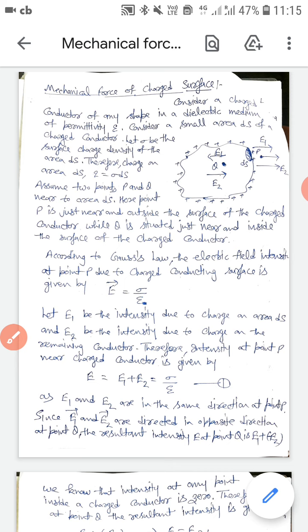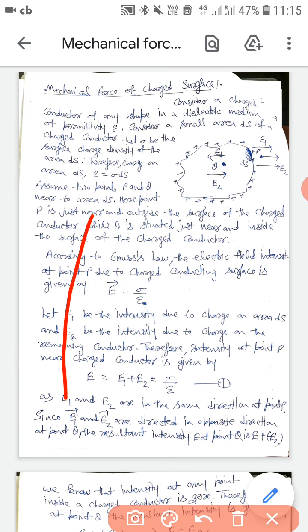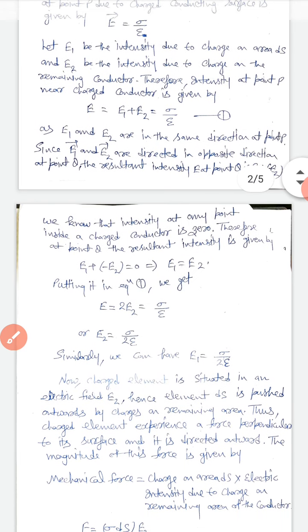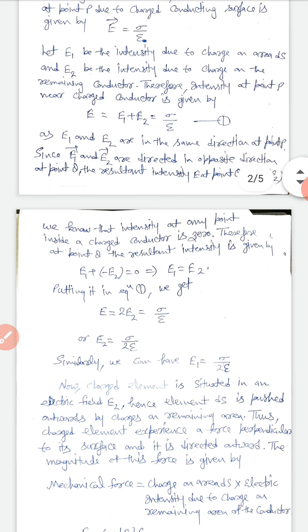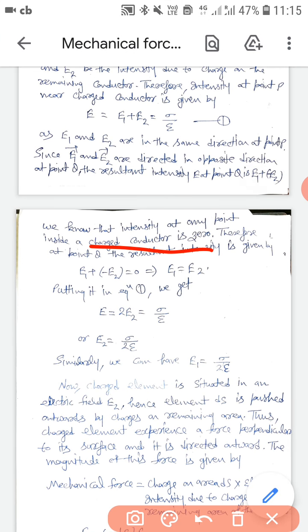Again, as we already discussed from the property of a charged conductor, the total charge at any point inside the conductor is always 0. Therefore the electric field intensity inside the charged conductor has to be 0. So E1 minus E2 is equal to 0, the electric field intensity at point Q has to be 0, which means E1 has to be equal to E2.